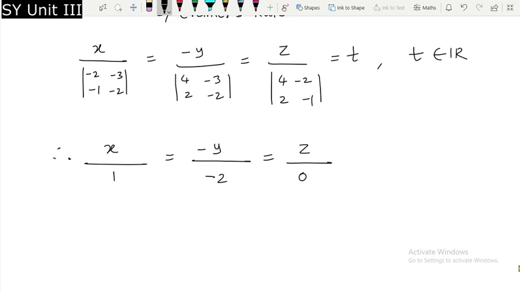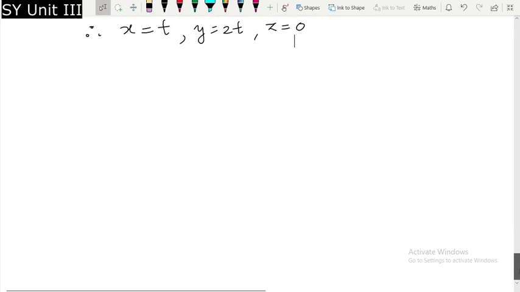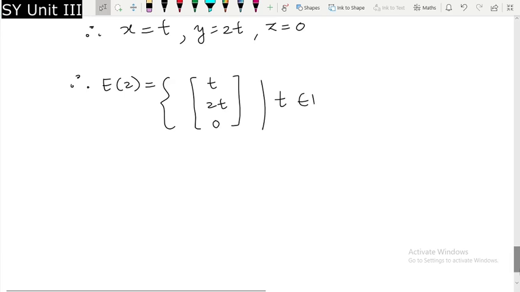You will get 0 over here, which is equal to t. Therefore your x will be equal to t. Now see, this minus and minus will become plus over here, so y will be equal to 2t and z will be equal to 0. So therefore what is your E of 2? My E of 2 over here is the set of all (x is t, y is 2t, z is 0) such that t belongs to R.